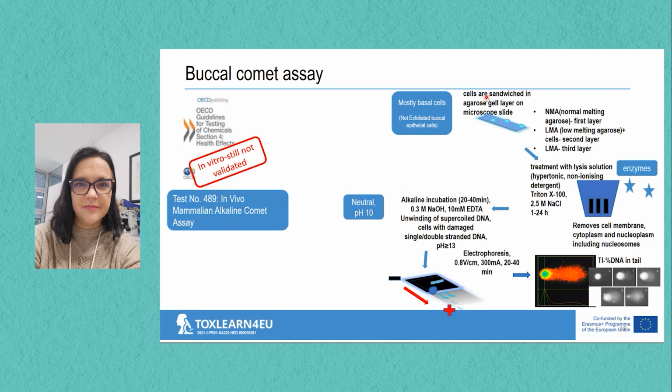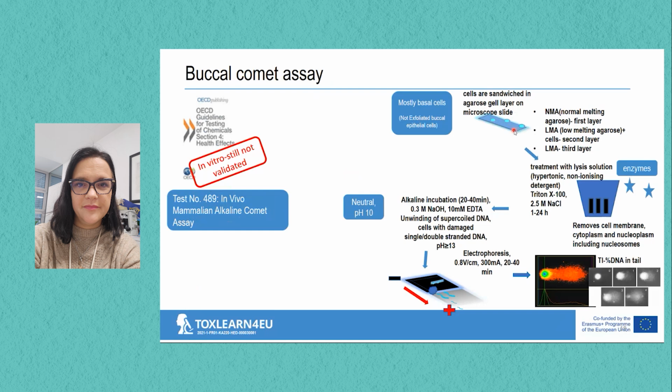And those cells, after the single-cell suspension, need to be in a sandwich of agarose gel layers on the microscopic slides. Usually, you are using 2 or 3 layers. The lower one is without the cells, and the second one is the mix of the agarose and the cells.